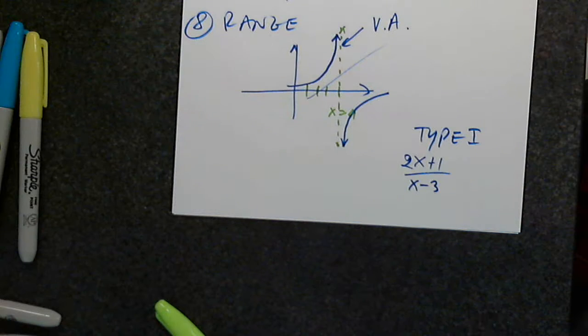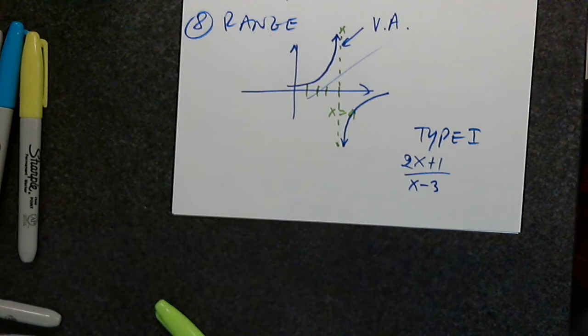What happens here is when the rational function has the same degree over the same degree, you will have a horizontal asymptote, which means at infinities, the function will approach a number. It will not do this, like polynomials. Polynomials don't approach a number at infinities, right? They do this, or this, or this, or this. But the rational function type 1 will approach a number when x approaches negative infinity or positive infinity.